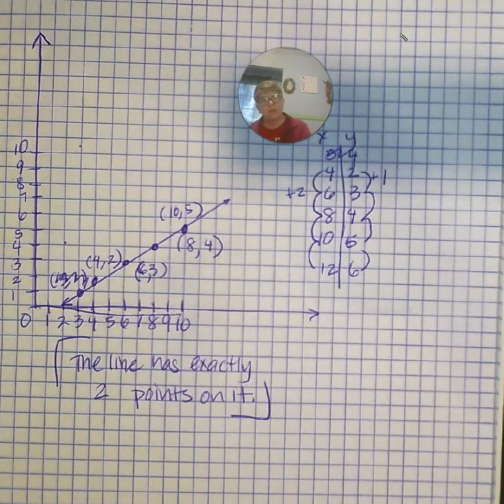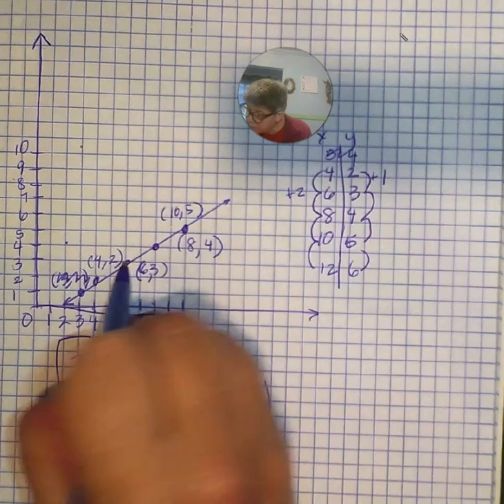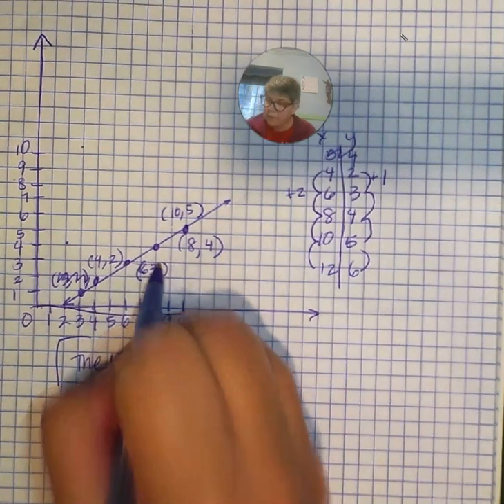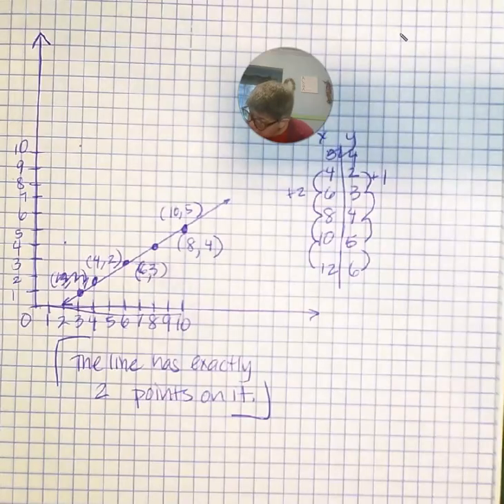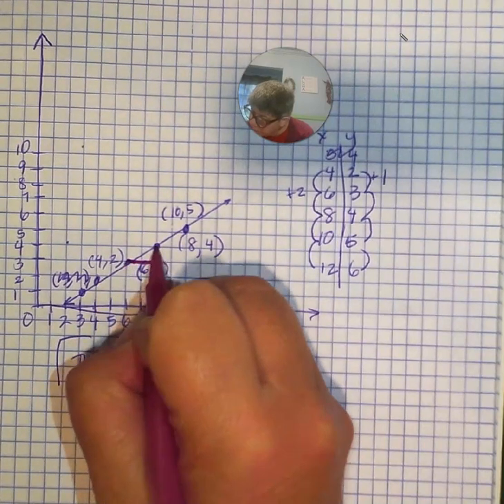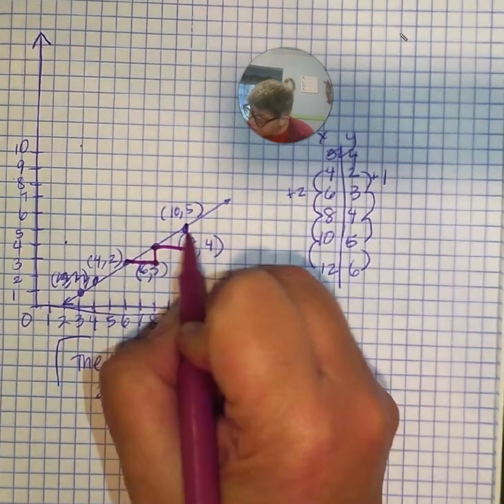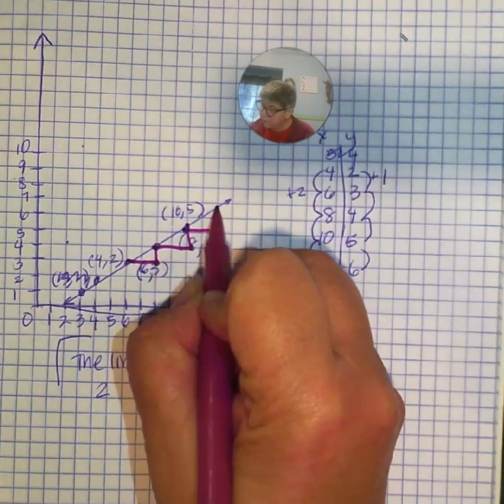We don't always have to draw everything out on our coordinate grid. And we can see that we're going horizontal 2 and up 1. Horizontal 2, up 1, 2 and up 1, 2 and up 1.